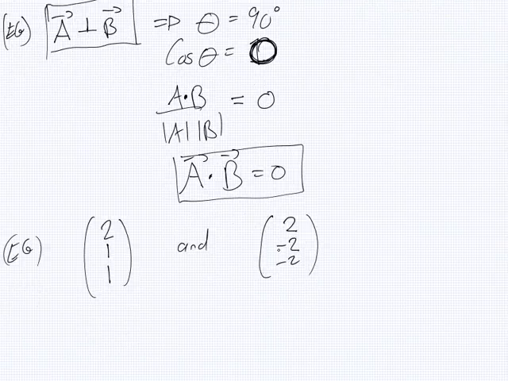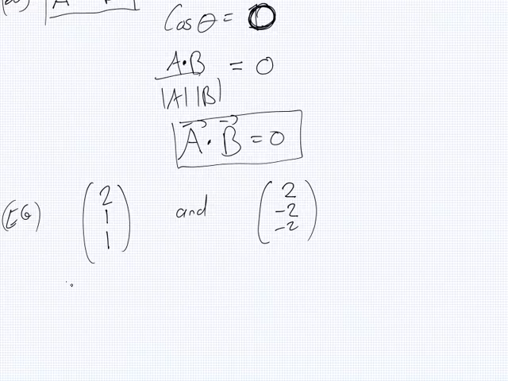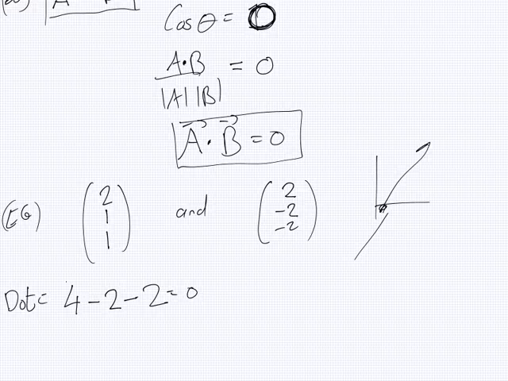These are perpendicular vectors because when I dot them, I get 4 minus 2 minus 2, which equals 0. Although these are quite difficult to draw in 3 dimensions, I know whatever they are, there'll be 90 degrees between them.